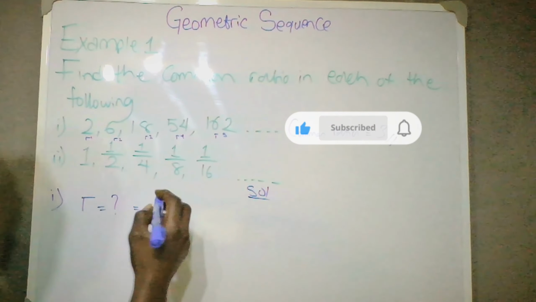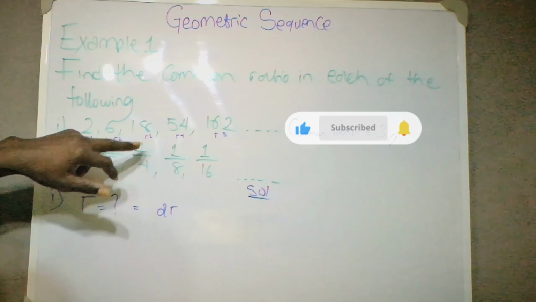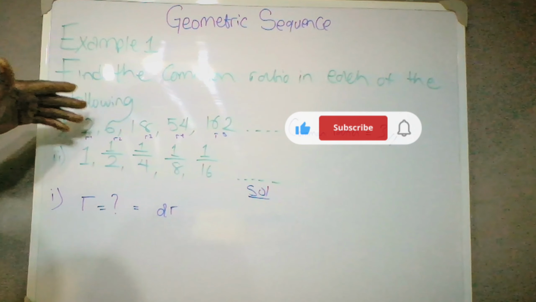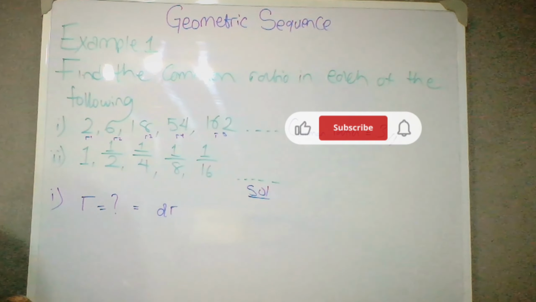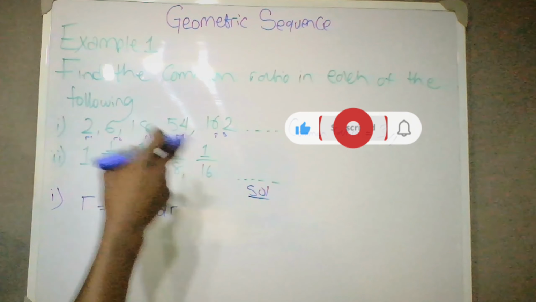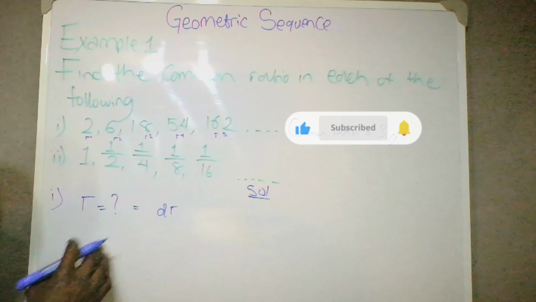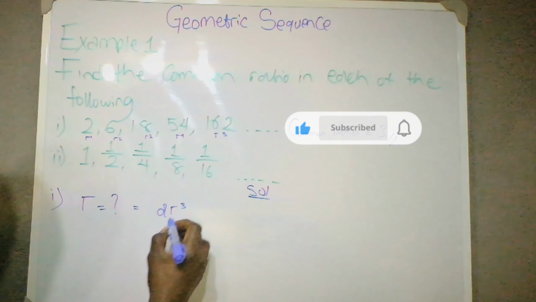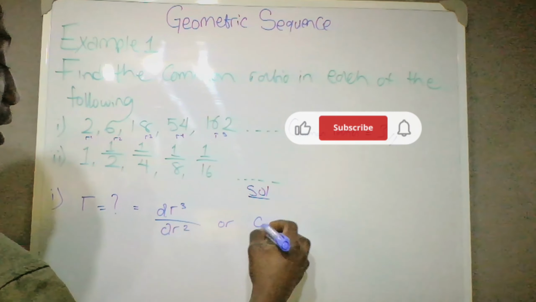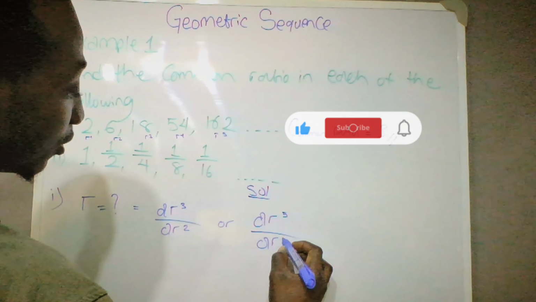Then we say A, R, and let's not forget, according to the illustration I gave from the onset, it has to be the R which is just right up before. To get our ratio, we just go for AR3 over AR2 or AR5 over AR4.